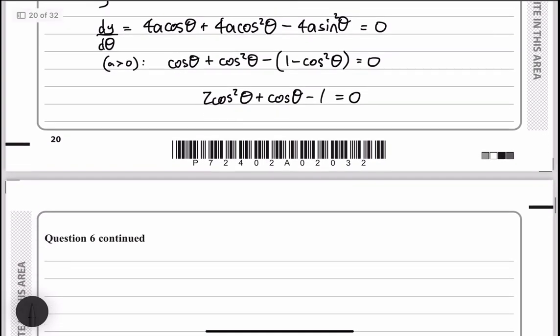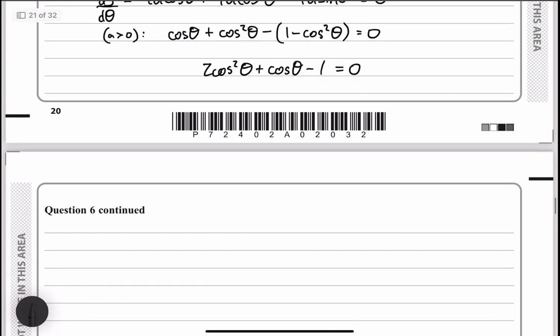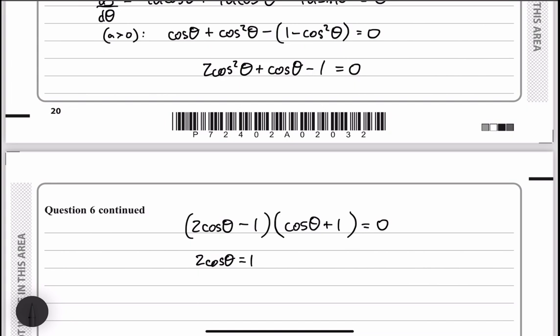Can I factorize that? I think maybe. 2 cos theta, and then the cos theta, and then we want a positive cos theta, so if we make that a plus 1, that's a minus 1, that should work. So either 2 cos theta equals 1, or cos theta equals minus 1.